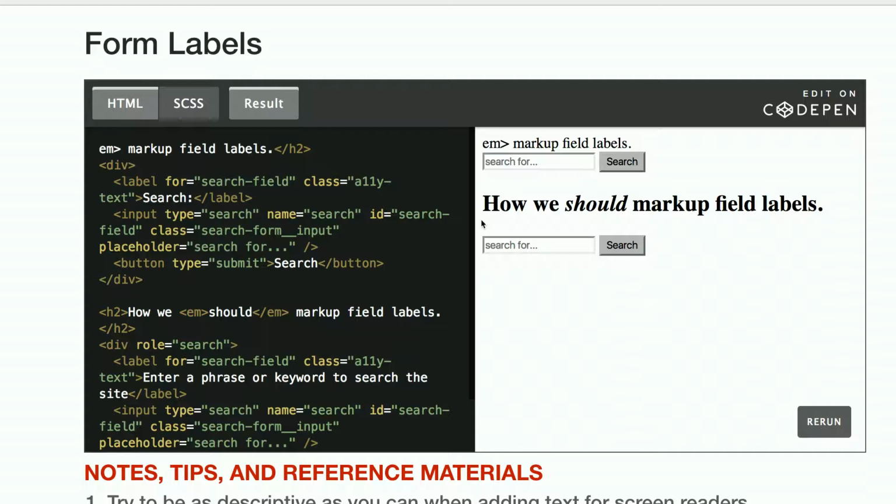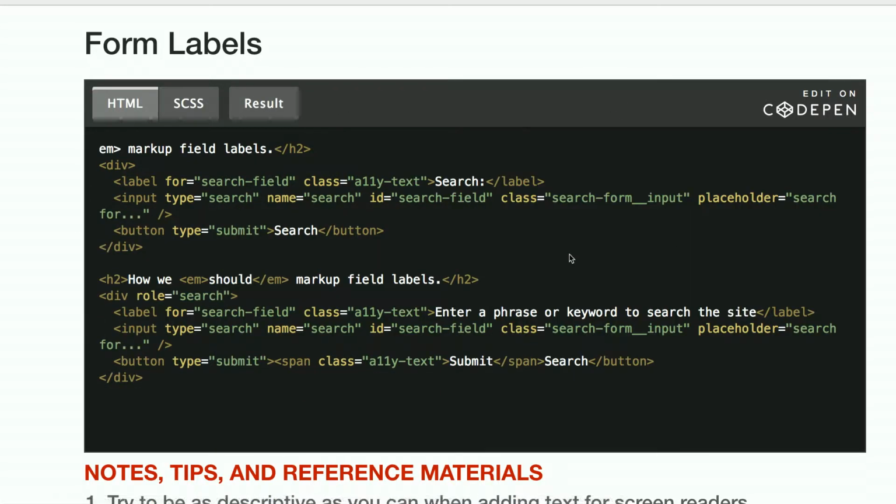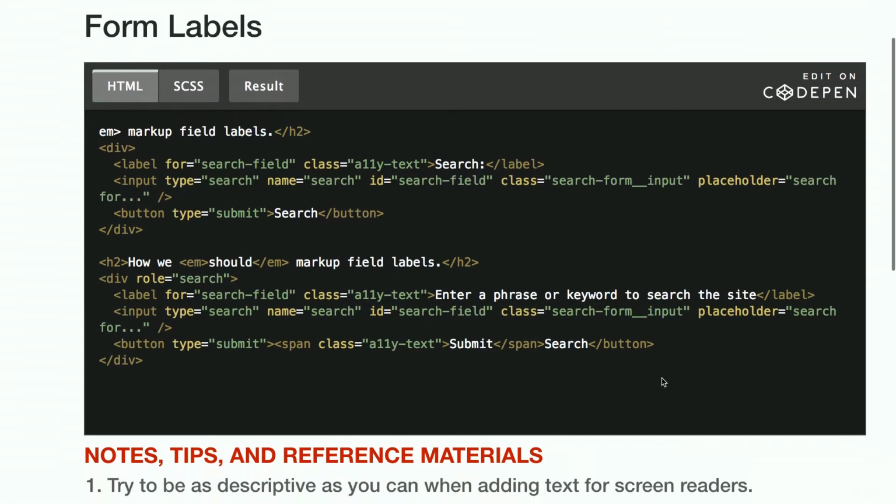So I'm going to show you some examples of the search box, since those are usually on most sites. So usually you have a label that's hidden. It looks like search. You'll have an input with your placeholder text, and you'll have a submit button.